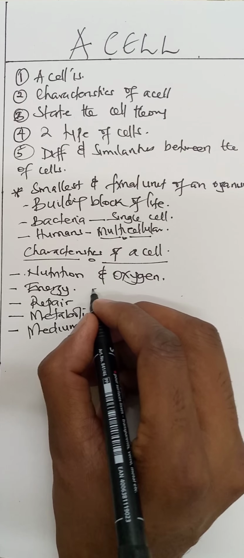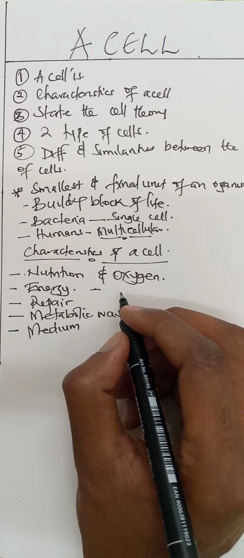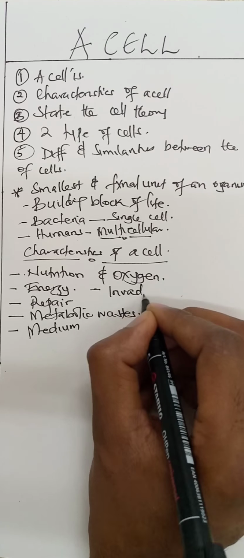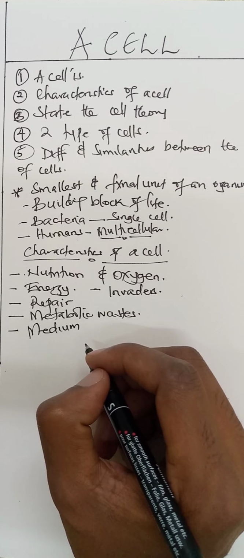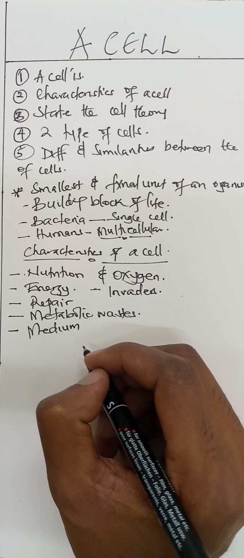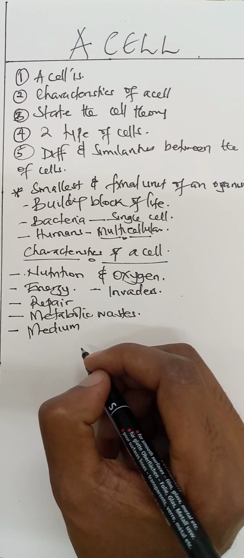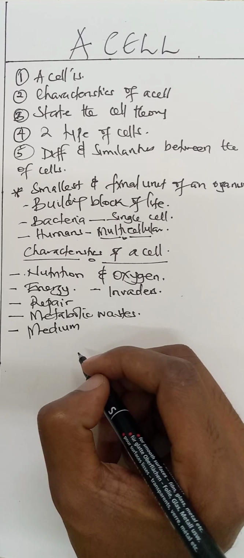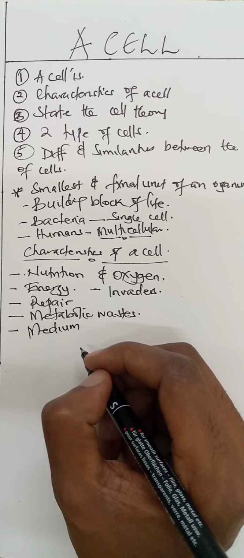The other key point is that the cells show response to the entry of invaders. So when we have something that has invaded the body, like bacteria or toxic substances, the cell shows response by fighting these invaders. So we have what we call immune cells in the body which respond to anything foreign to the body.